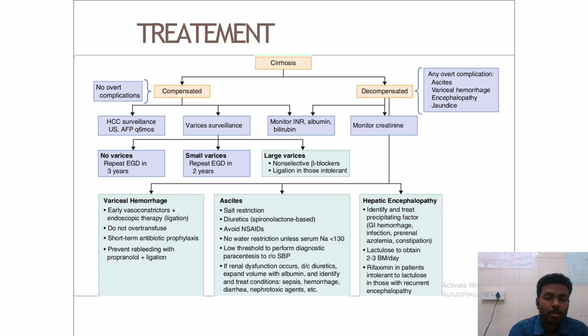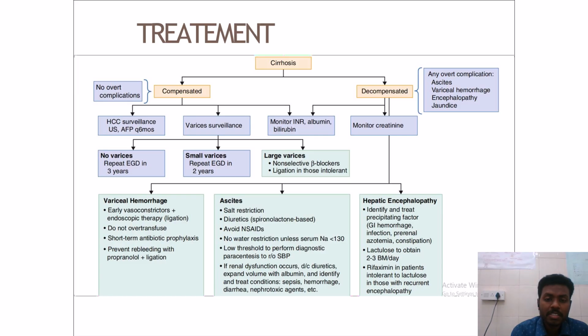Short-term antibiotic prophylaxis may be given. To prevent rebleeding, you have to reduce the portal hypertension.